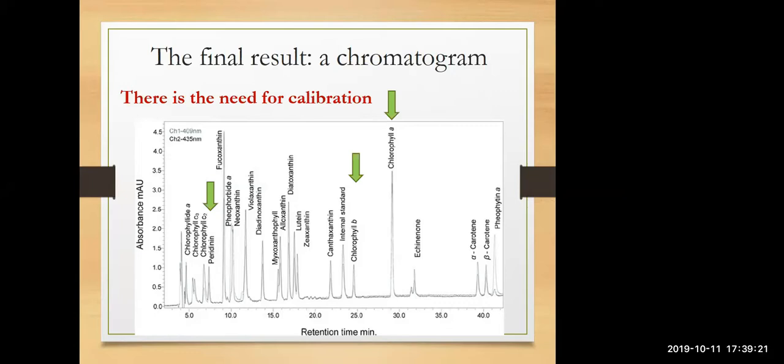But in the case of fluorometer, the standard was only chlorophyll-a. Here with HPLC, if we want to measure the concentration or detect the concentration of zeaxanthin or fucoxanthin or peridinin in a sample, we have to acquire the standard for each of these pigments.